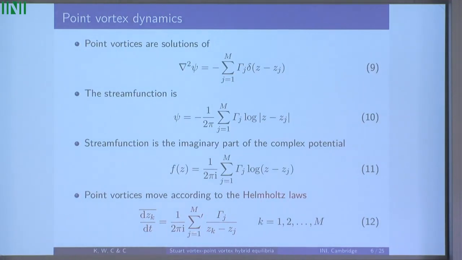The prime on this sum means that you don't sum over j equal to k, that is you leave out the infinite singular part. These were described by Helmholtz more than 160 years ago, so this is a very old subject in many ways.